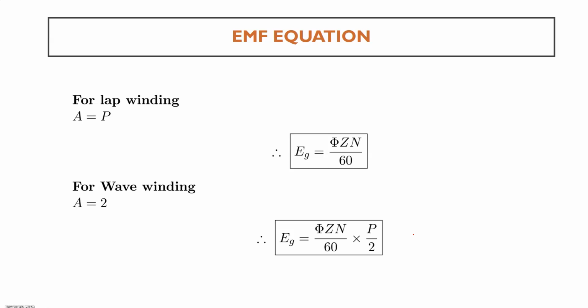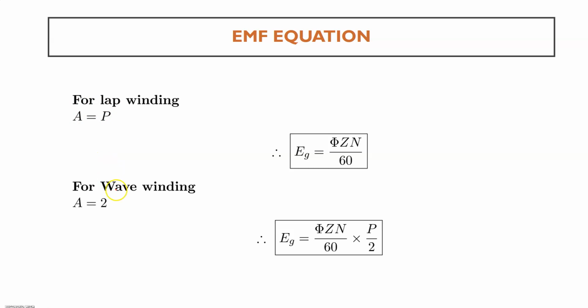So remember, there are two types of armature winding, lap winding and wave winding. You don't need much detail, just need this for doing the problem. If the problem mentions that the armature winding is lap wound, then use A equal to P, that means A is equal to the number of poles.